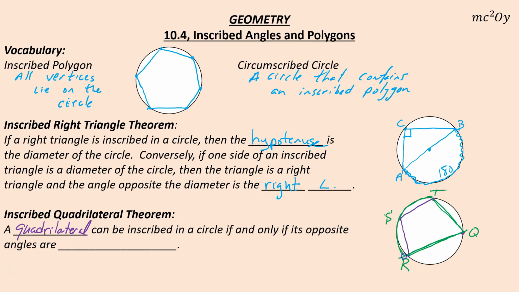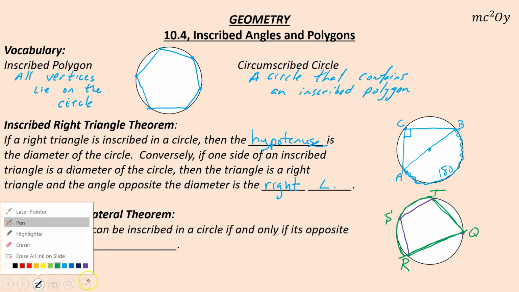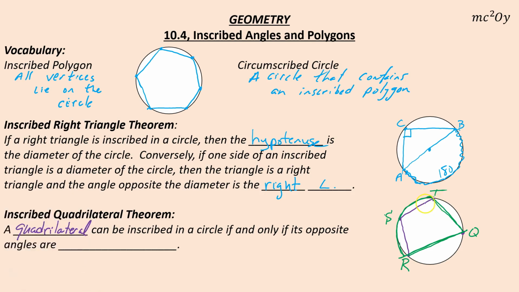Now I don't know what arc RT measures, and I don't know what the measure of angle Q is. But what I do know is if I look at the angle opposite, angle S, it is subtended by arc TQS.